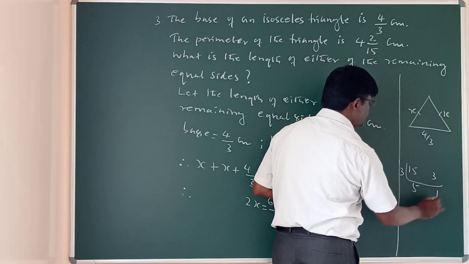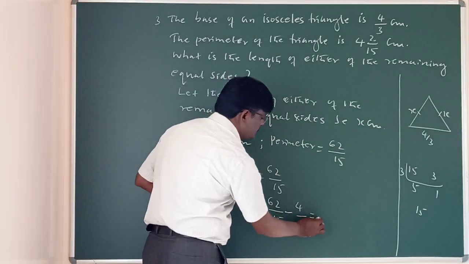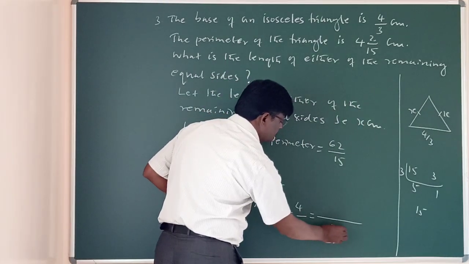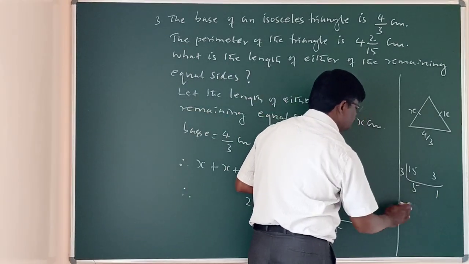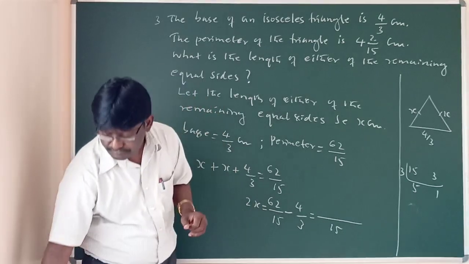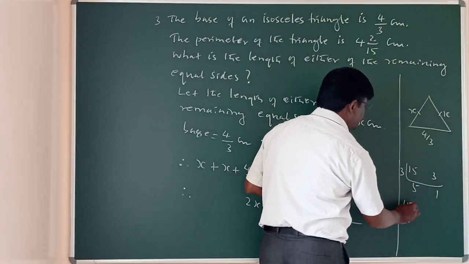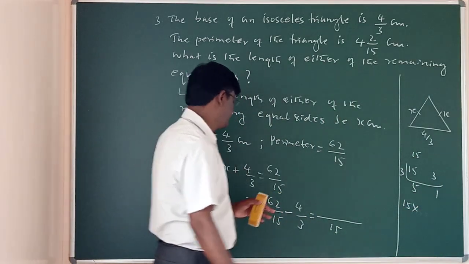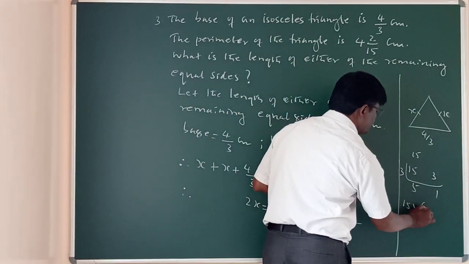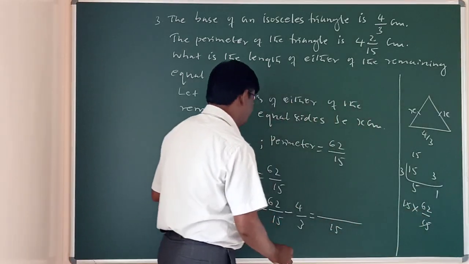LCM is 15. 15 into the first fraction, 62 by 15, the 15s get cancelled, 62.